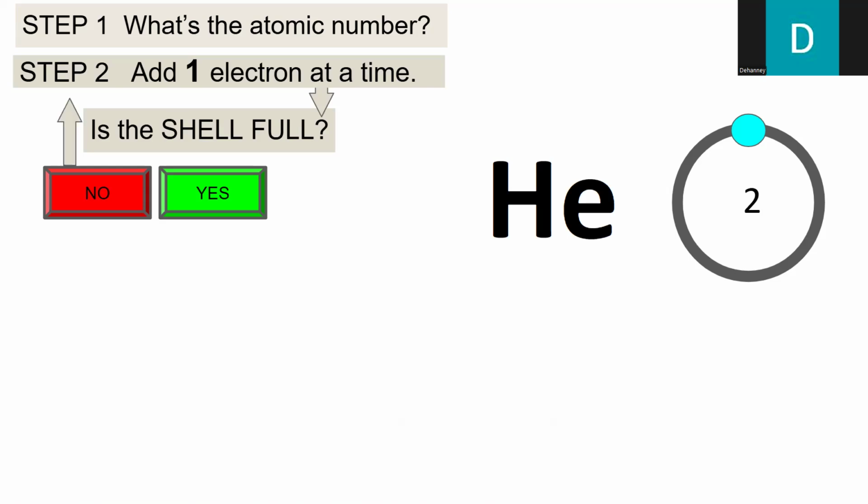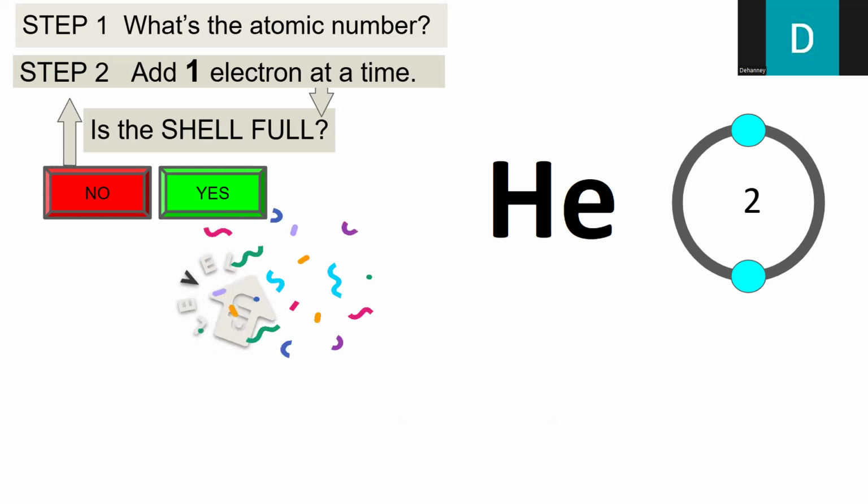No. So the arrow goes back up. Add 1 more electron. There we go. Now the question comes back down. Is the shell full? Yes, because we have 2 electrons and we have 2 as the atomic number. Awesome. Now let's move on.